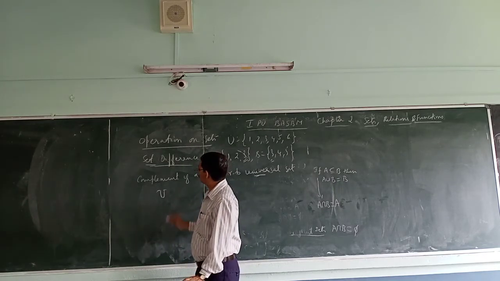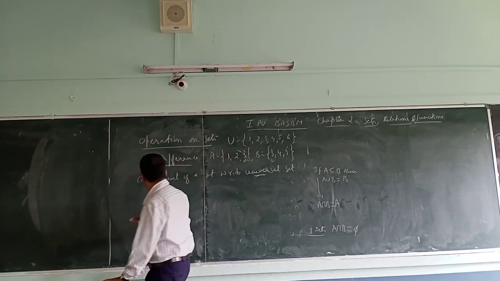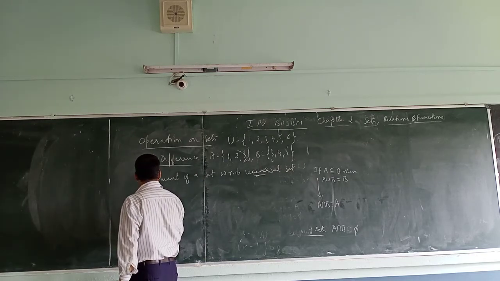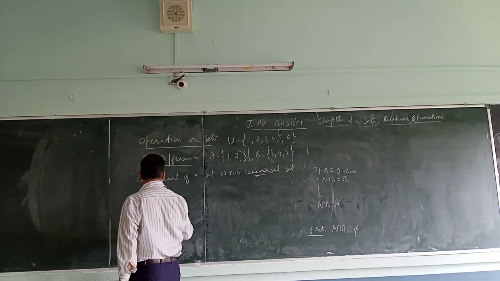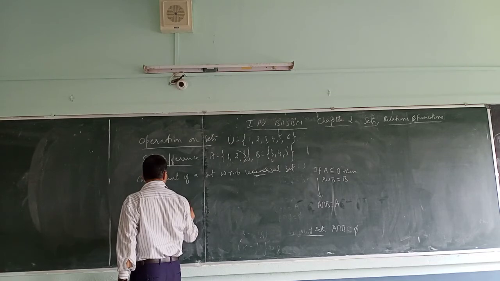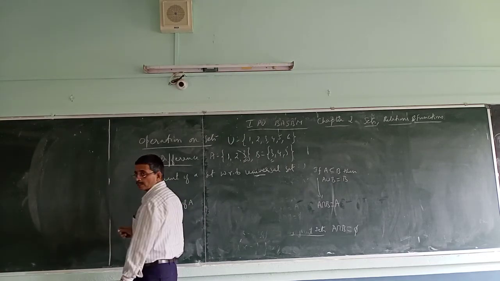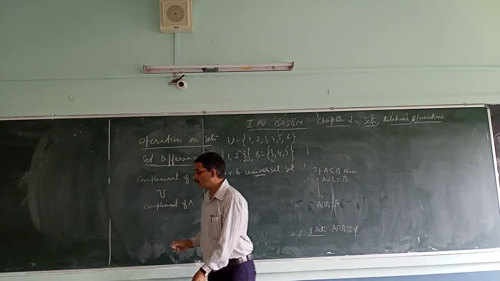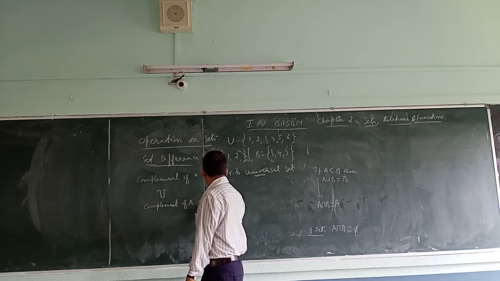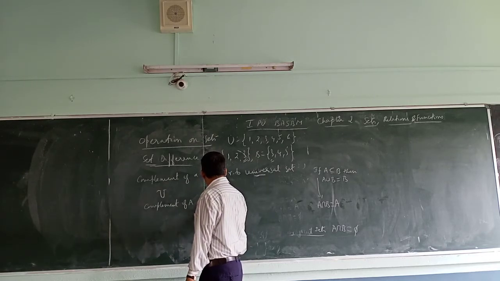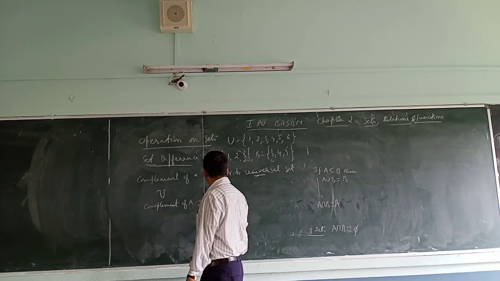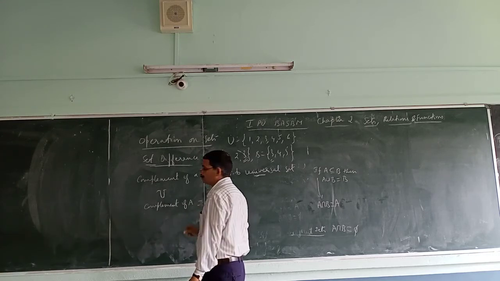Now what is complement of A, of course with respect to the universal set? It is denoted as A C, or you can write A dash also.